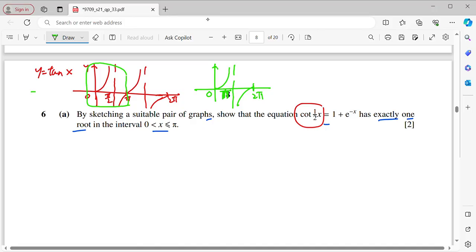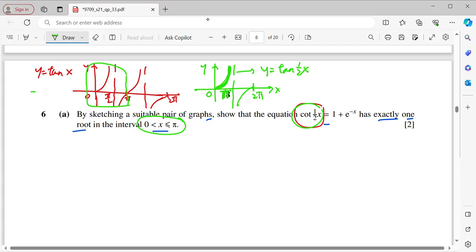Right? So this is tangent half x. But then when you look at the question, this is in the interval 0 to pi, which means I will just get the cot half x for this part, 0 to pi.